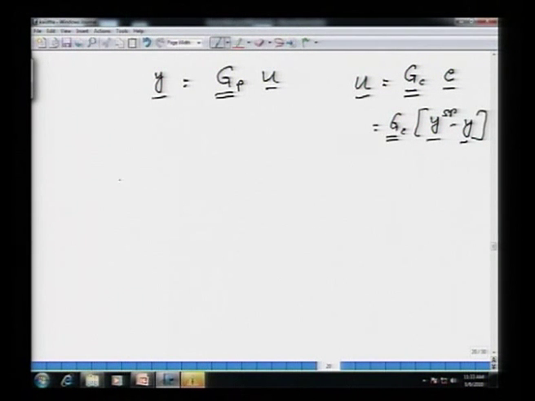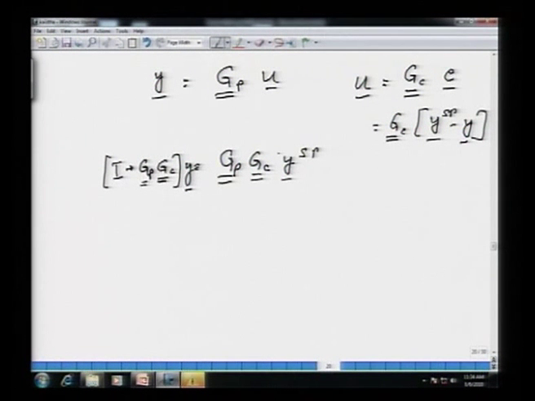I substitute it there. What I get is I plus GP GC times y is equal to GP GC times y set point.